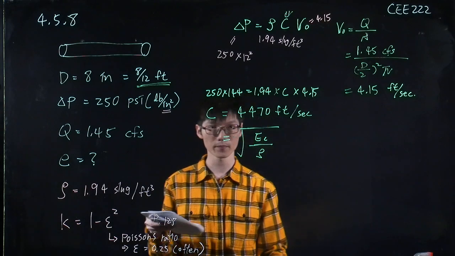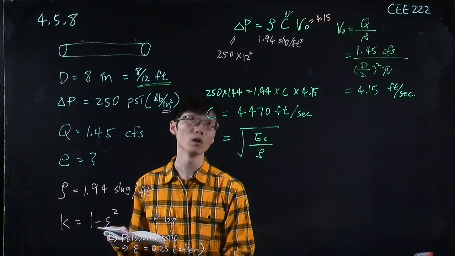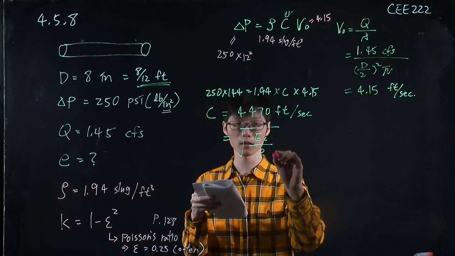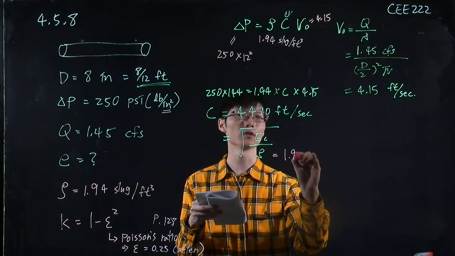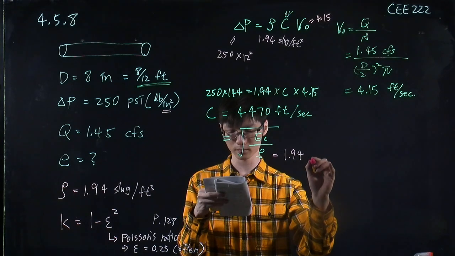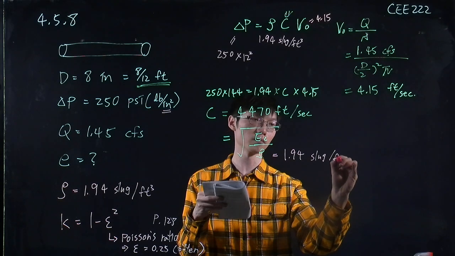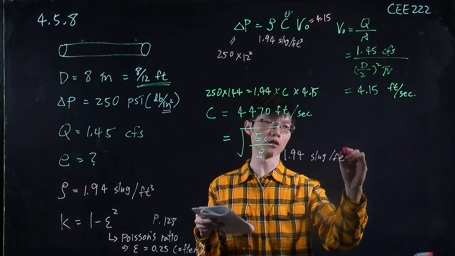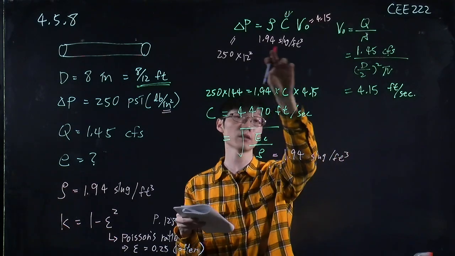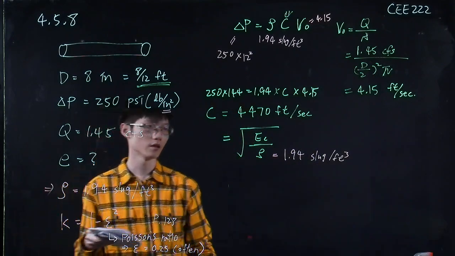Again, we know the density is equal to 1.94 slug per cubic feet, as we show here. I also write down the information here.